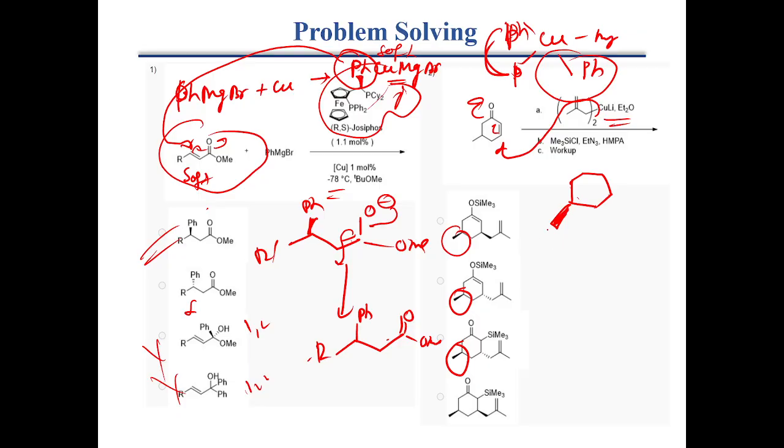So to reduce the steric hindrance, the attack happens from the alpha. This is the basic reaction, because in cyclohexane, if the methyl is beta, the attack should happen from the alpha. So this is the alpha position, or the axial position, and this is the equatorial position, so as to reduce the steric hindrance.